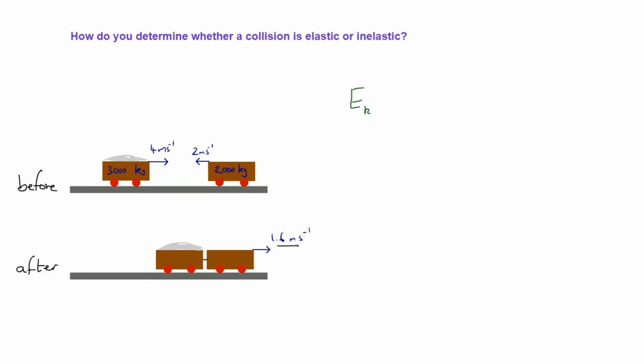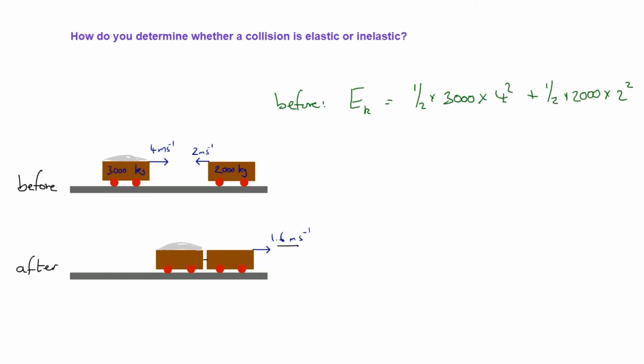First of all, we find the total kinetic energy before the collision. We find the kinetic energy of the first carriage: a half times mass times speed squared, a half times 3,000 times 4 squared. And we add to that the kinetic energy of the other body: a half times 2,000 times 2 squared.